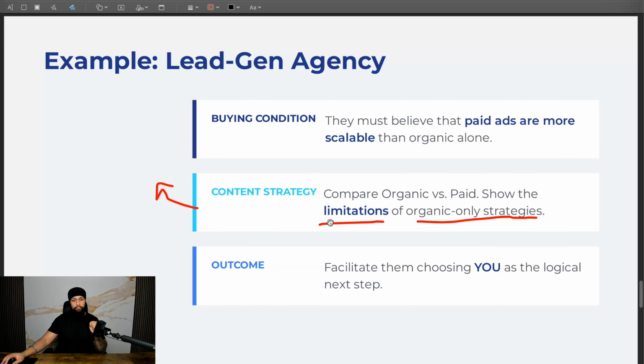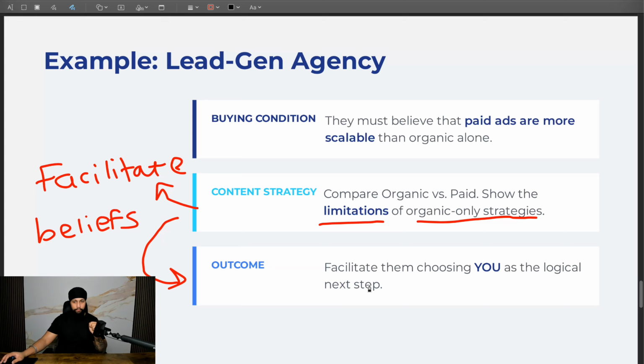You want to assume that they already know what the limitations are, but you want to help facilitate and support their beliefs. You want to facilitate their beliefs and support them in thinking that they're right, so that they eventually do buy from you. Okay, they buy from you as the logical next step. Very, very, very important thing to understand here.